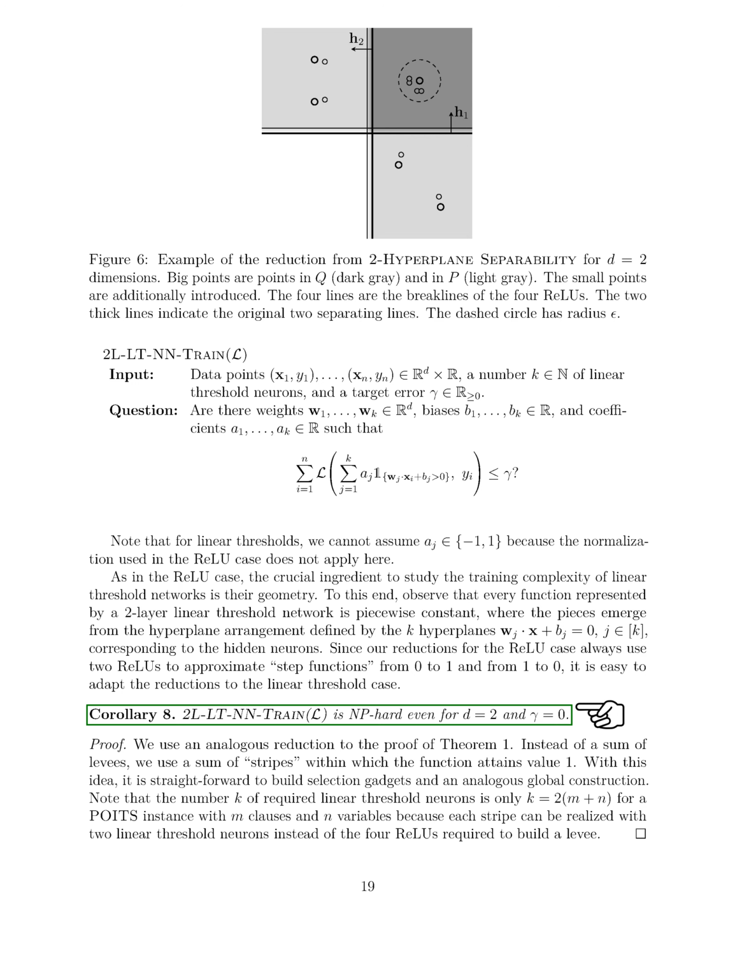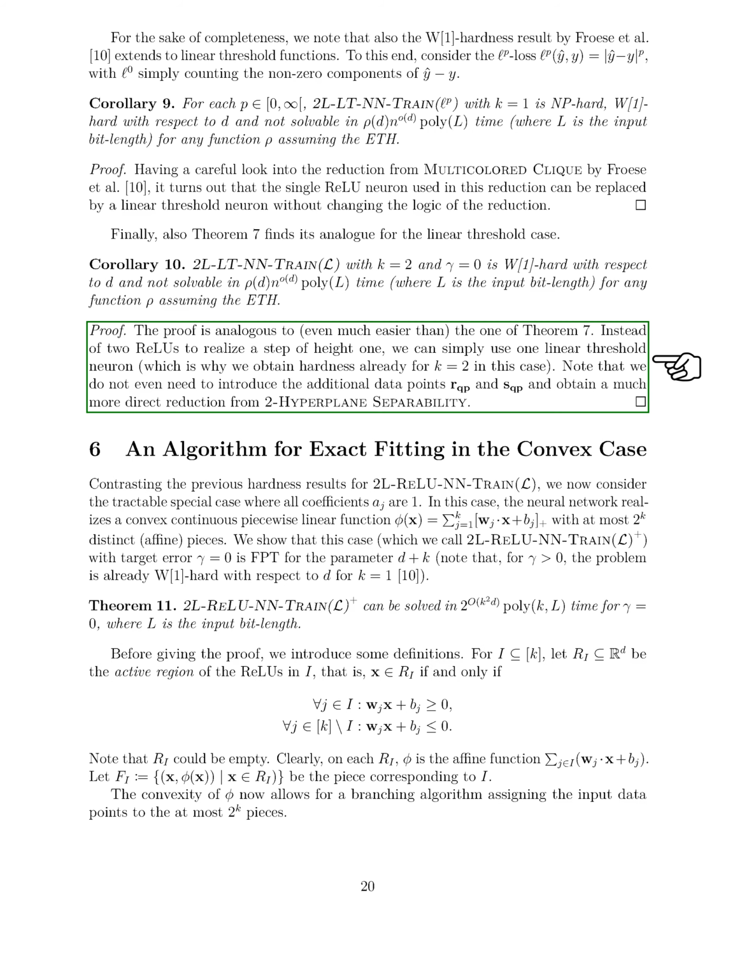Finally, we find that training a two-layer linear threshold network with 2 hidden neurons and a target error of 0 is W[1]-hard with respect to the dimension and not solvable in polynomial time for any function assuming the ETH. This proof is simpler than the one for the ReLU case. Instead of 2 ReLUs to realize a step of height 1, we can simply use one linear threshold neuron.